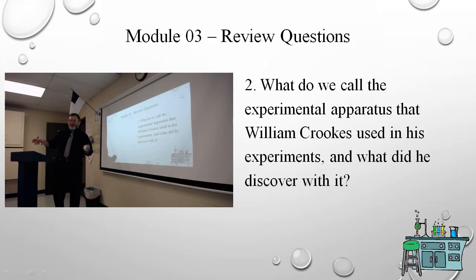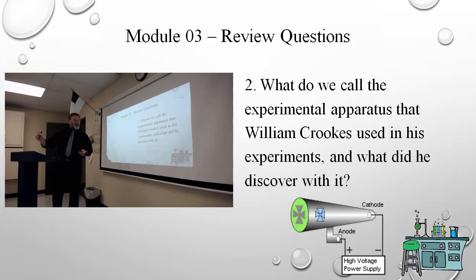The Crookes tube, right? Who's buried in Grant's tomb? Okay, William Crookes used the Crookes tube, and what did he discover with it? They called them cathode rays, which later he referred to as corpuscles, but you call them electrons. Okay?